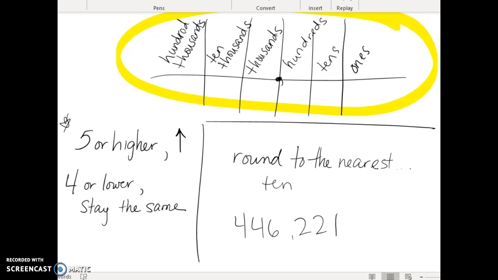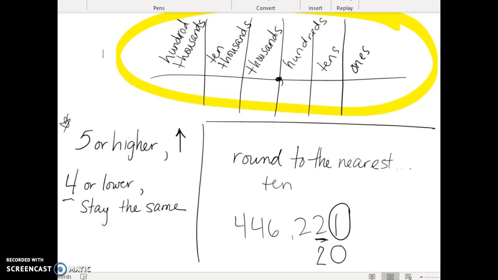So I'm going to underline the 10's place value right here, which is a 2, and I'm going to circle the 1, and again I'm looking at the rules here. The 1 is 4 or lower, so that means the underlying digit, the 2, stays the same. So 2 stays the same, and that becomes a 0.